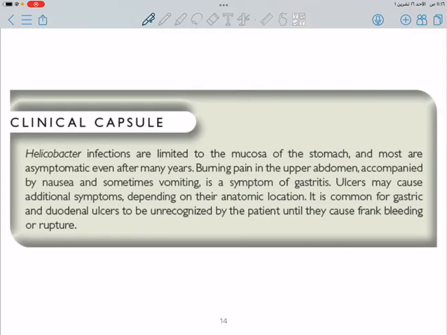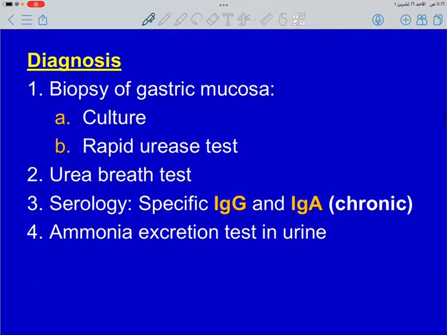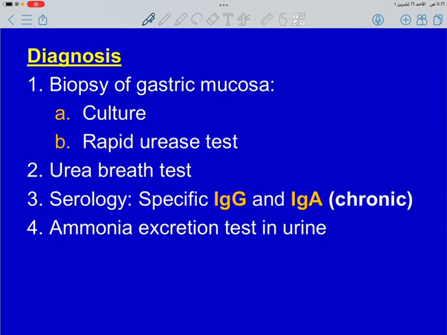Diagnosis: we can take biopsies from the stomach or the duodenum. We take the biopsy, remembering that this microorganism may cause adenocarcinoma and lymphoma. So we take multiple biopsies just to exclude cancers.